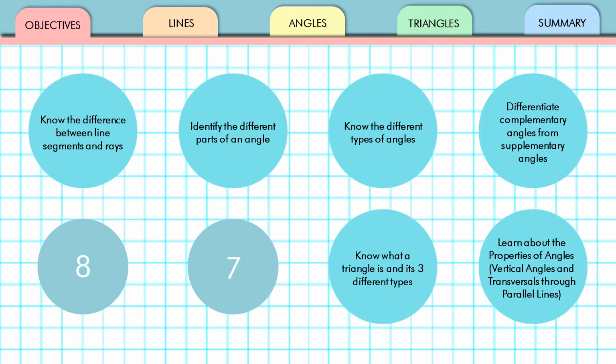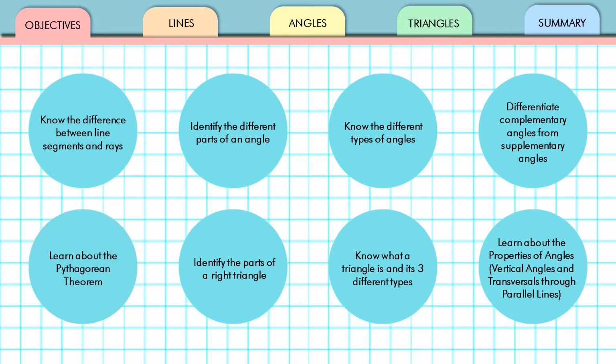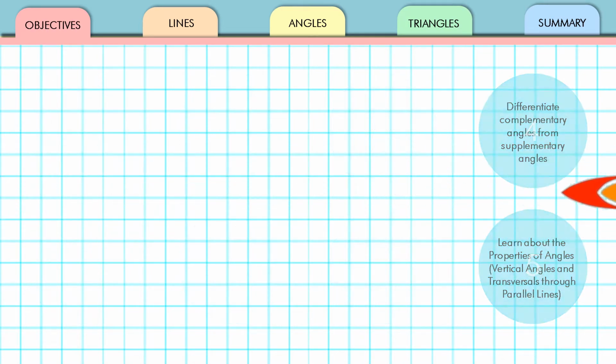Know what a triangle is and its three different types, identify the parts of a right triangle, and learn about the Pythagorean theorem. Are you ready, StudyBuds? Let's fly!